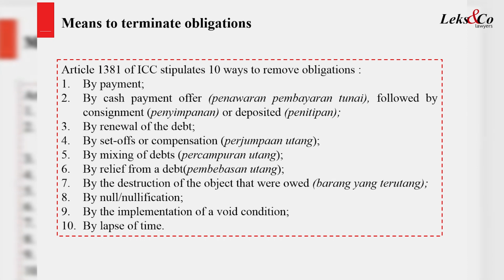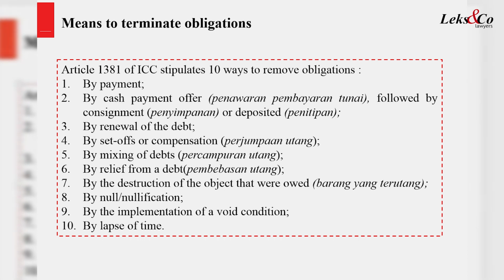We discussed this provision last week about the risk, right? That risk may also involve the destruction of the property or of the goods that are going to be delivered. By nullification, this is batal or pembatalan. And then by the implementation of a void condition or void requirement, syarat batal, berlakunya syarat batal.